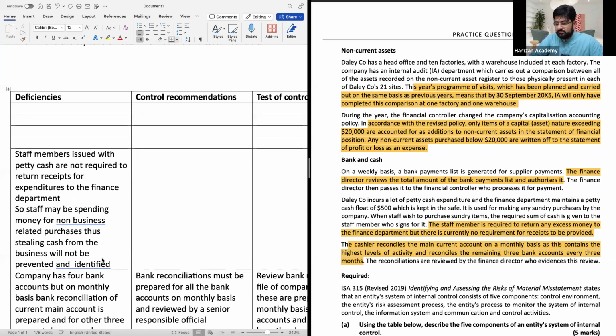What is the recommendation? The staff issued cash must be required to submit receipts for expenditures, basically for sundry expenses, along with excess cash.